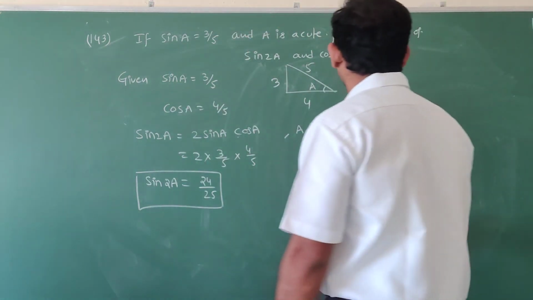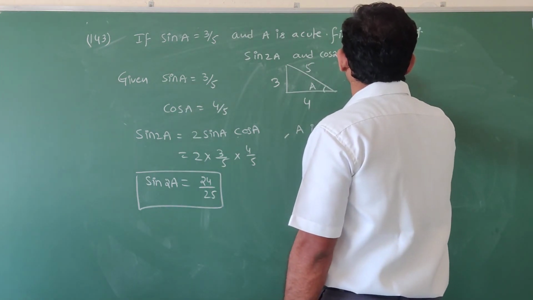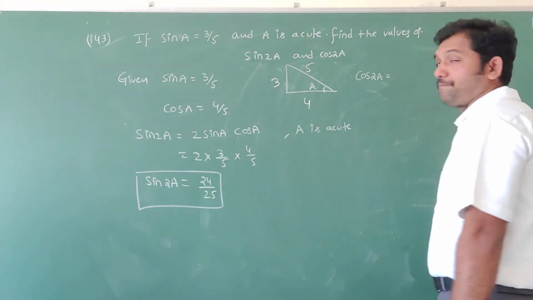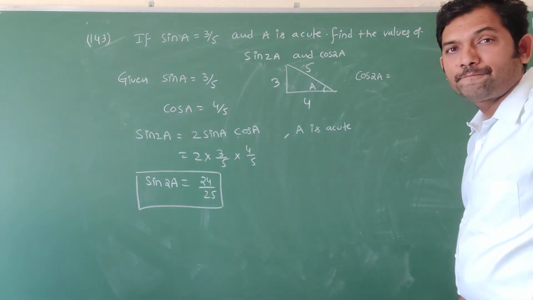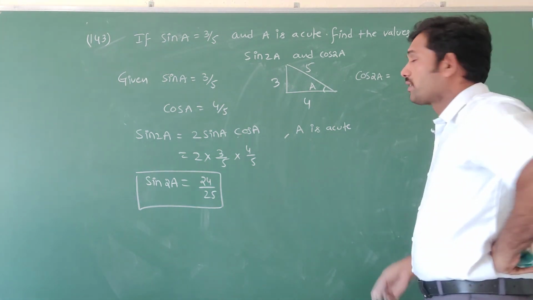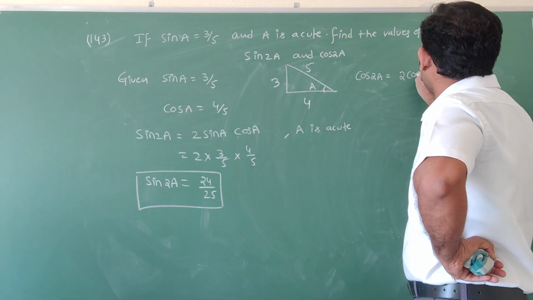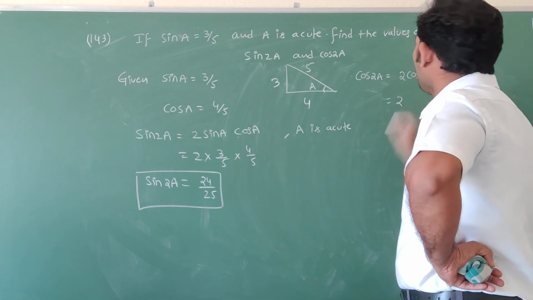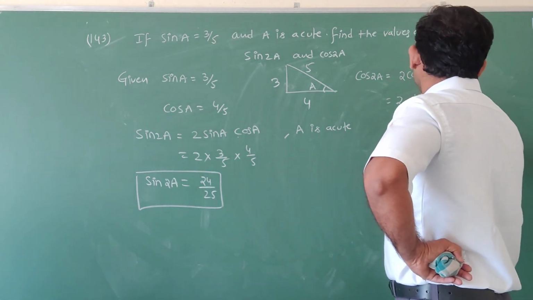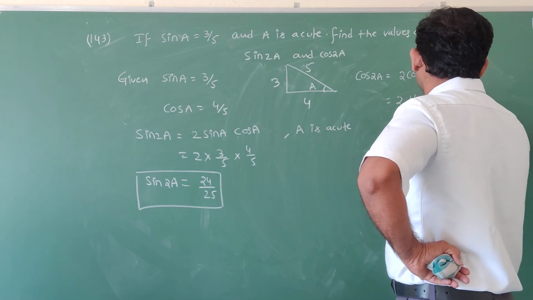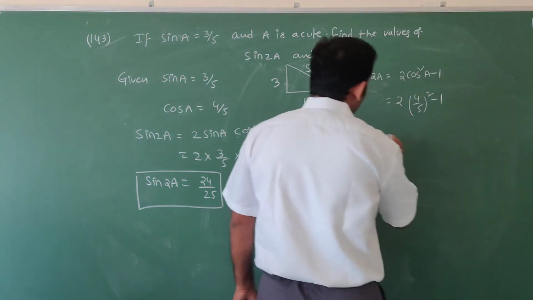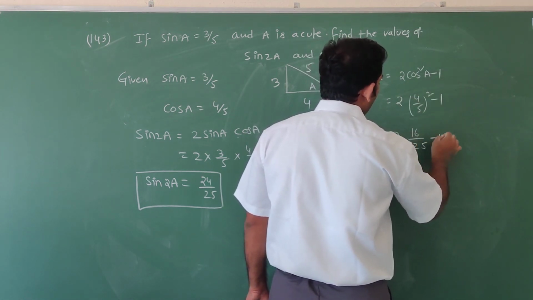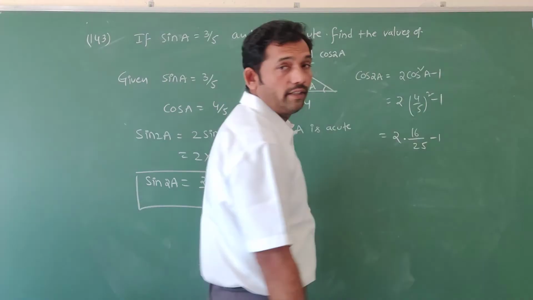Similarly, simplify the cos 2A value. You can take any one formula. I will take 2 cos square A minus 1. So 2 into cos A, 4 by 5, whole square, minus 1. 2 into 4 square means 16 divided by 25, minus 1.